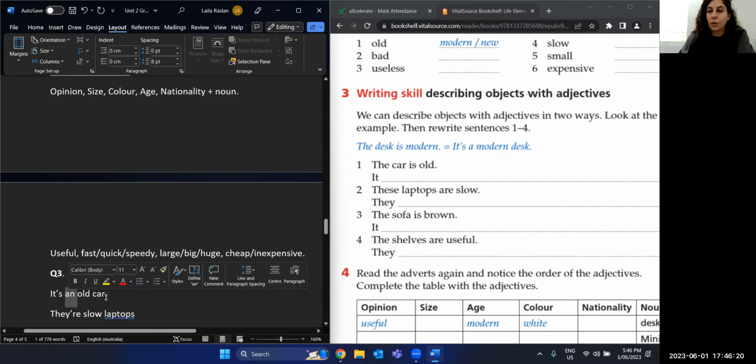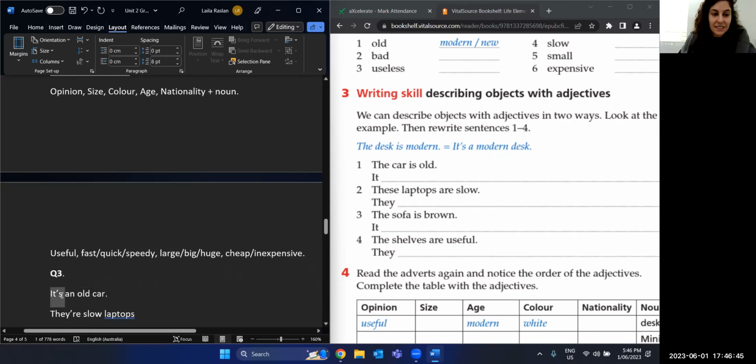So it's an old car. It's an old phone. If this adjective did not start with A-E-I-O-U, we would say a modern car, a new car, whatever. But because it starts with A-E-I-O-U, we have to put an.